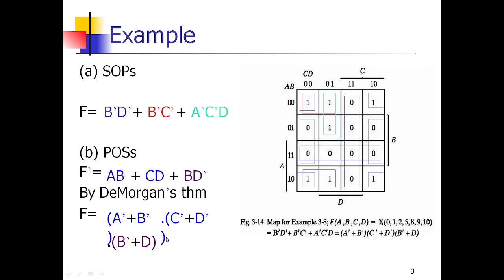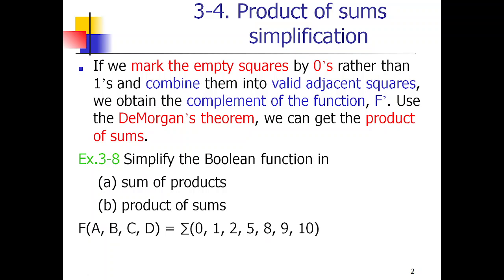Okay, so be careful and remember that if the problem is given as summation, what minterms do we have to consider? The minterms not present in the problem, the minterms not given in the boolean function, have to be plotted as zeros in the K-map, and we have to find the boolean function.